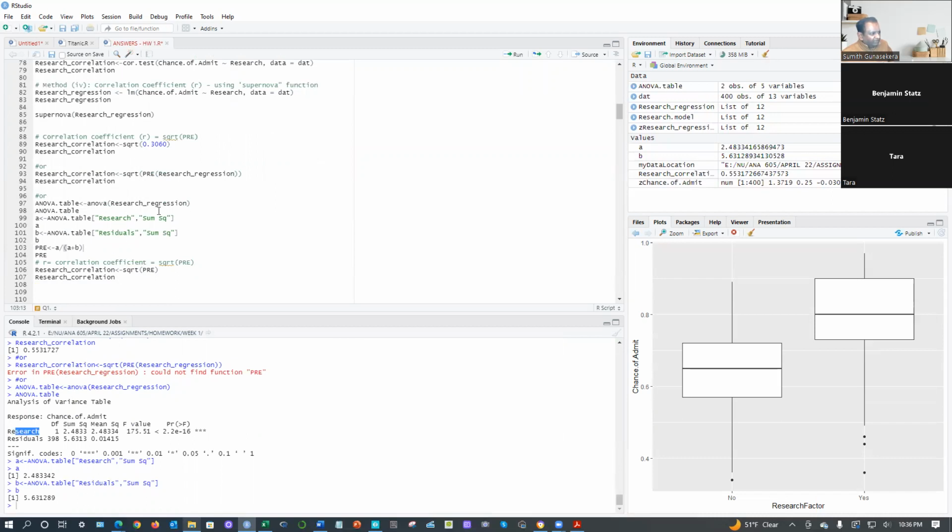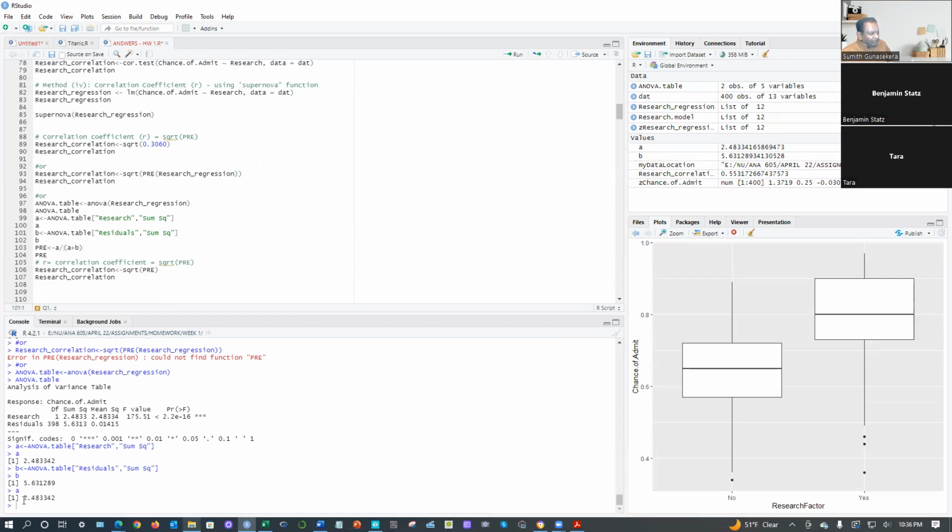Go to the sum of squares column. You have to give the same name. This is the row, this is the column. That value they're going to read. A is nothing but that one, 2.48332. Same thing, it's reading it. And reading this value as well from B. You do the same thing.